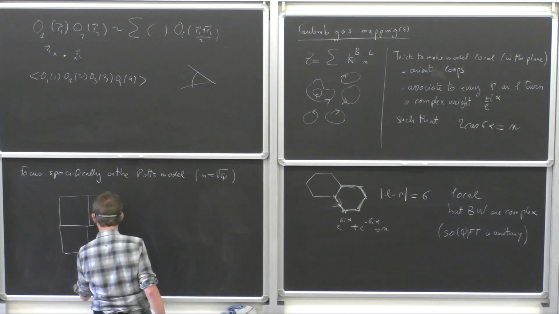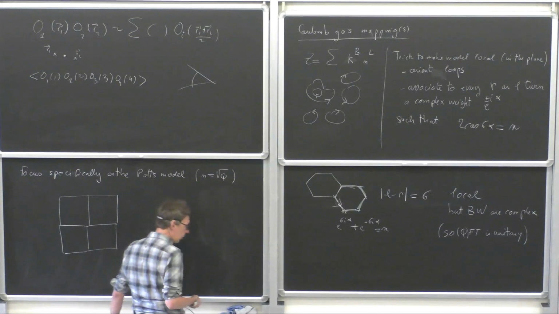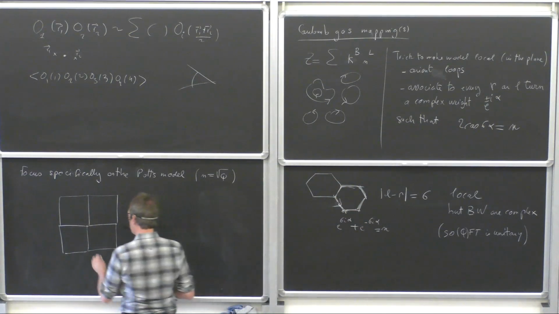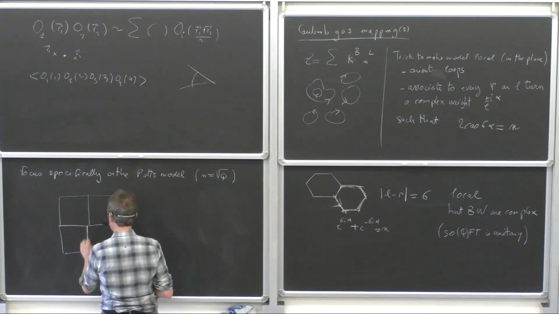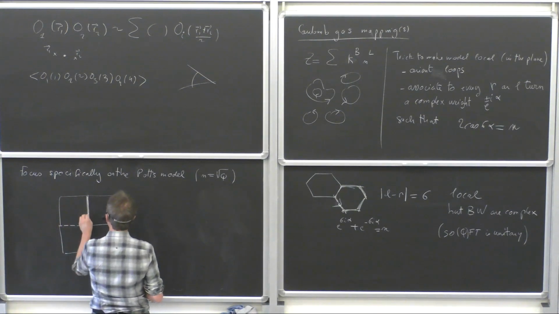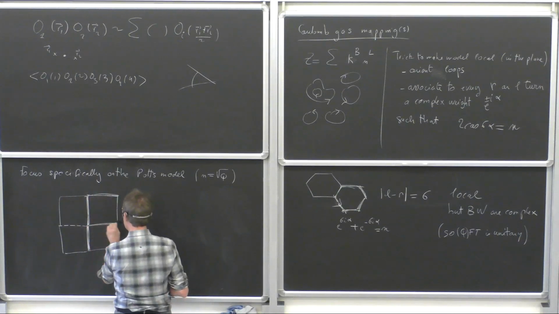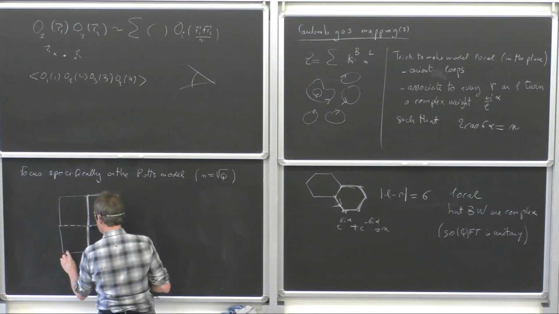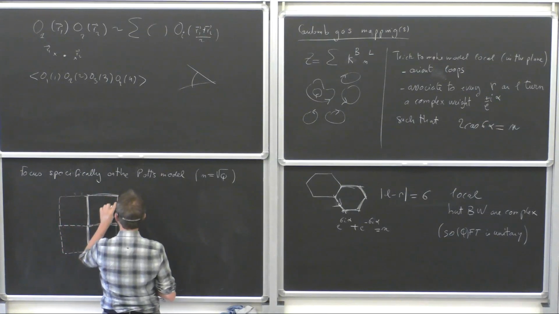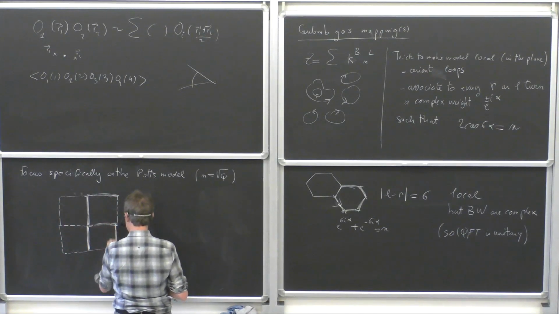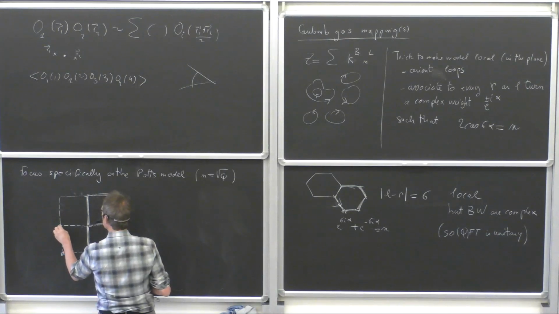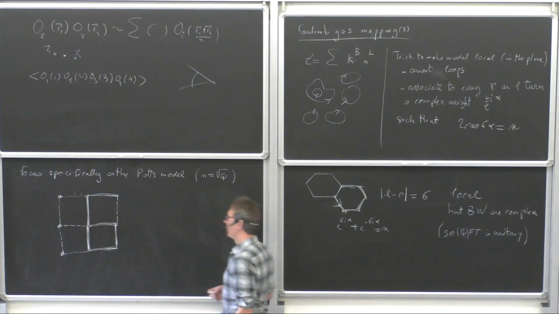And remember, we have this nice construction where we're having clusters in the Potts model with some edges belonging to the clusters, others not. So now maybe I'm shading the edges that are not occupied, just to be more explicit.